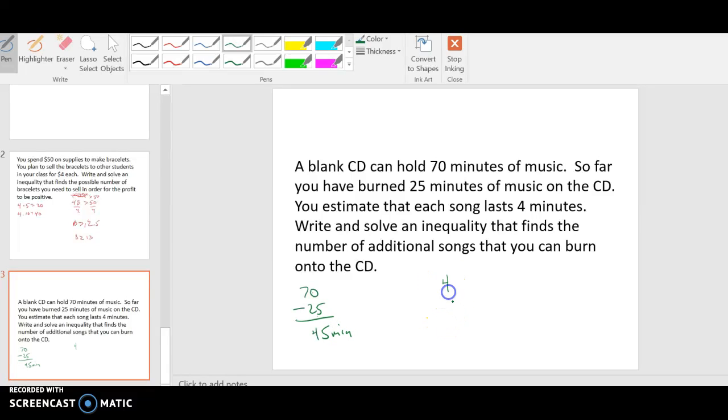Now, if each song is 4 minutes, 4 times the number of songs S must be less than or equal to how many minutes I have total. Well, I have 45 minutes left on the CD after the 25 minutes. If I divide by 4, I get S is equal to 11.25. So that means the number of songs must be less than 11, or actually 12, sorry.